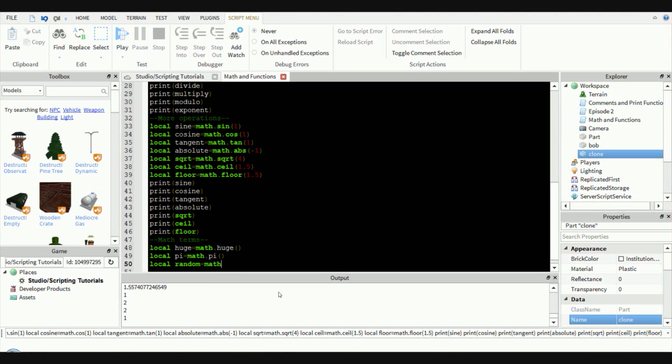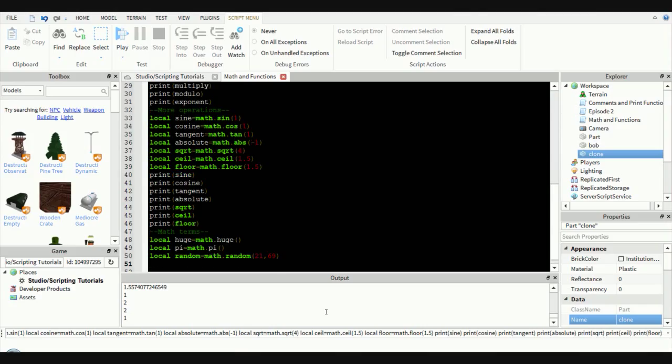So math.random is basically math.random of min and max. So let's use 21 and 69. It will give a random number between 21 and 69.